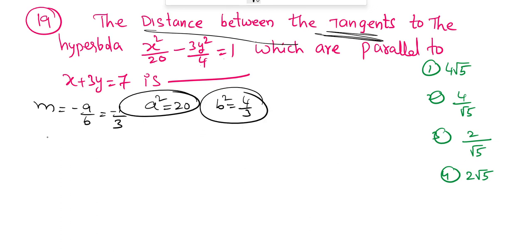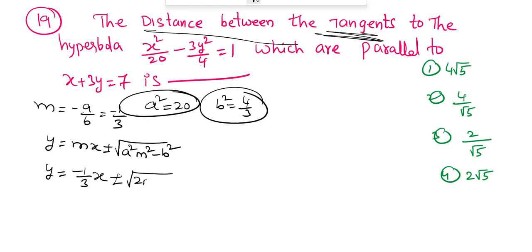Now the tangent equations are y is equal to mx plus or minus square root of a square m square minus b square. These are the tangent equations to the hyperbola. That is y is equal to m, that is slope minus 1 by 3, into x plus or minus square root of a square 20 into m square, this is 1 by 9, minus b square 4 by 3.